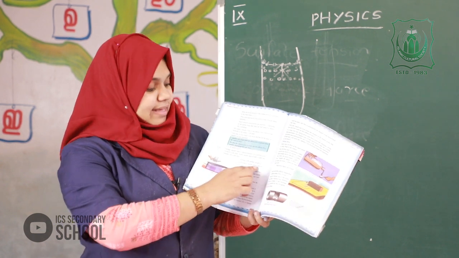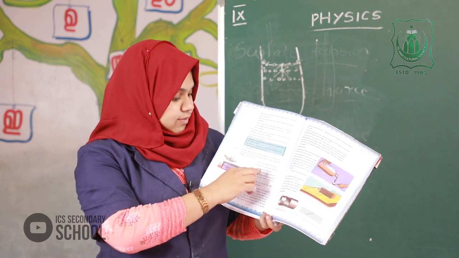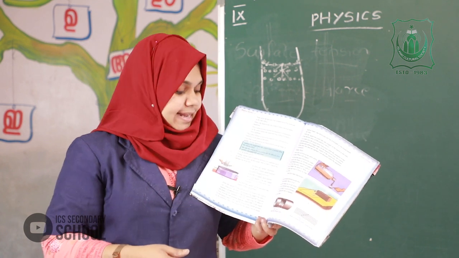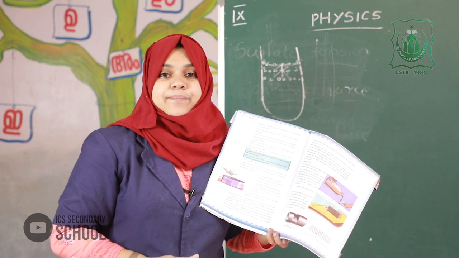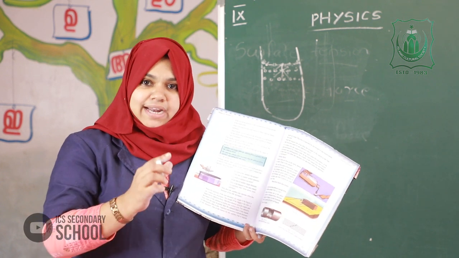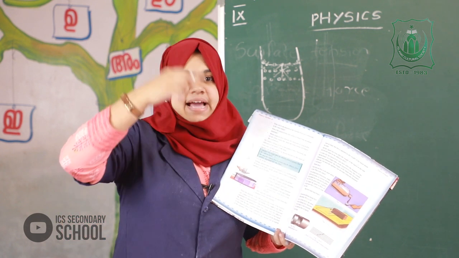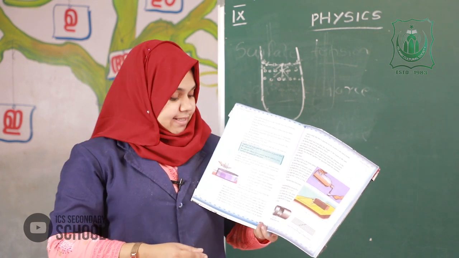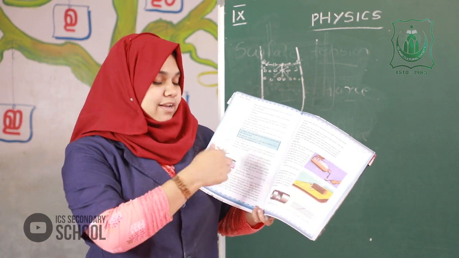Which one has a greater capillary rise? The tube with smaller or greater diameter? Of course, smaller diameter. In the smaller diameter capillary tube, capillary rise is greater. Then in which is the capillary rise lower?